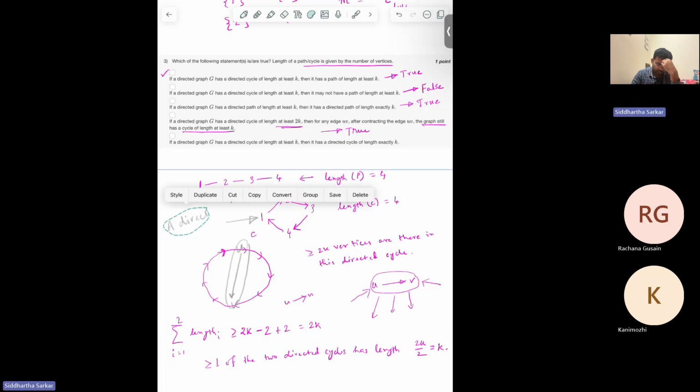Now, if that is the case, their claim is that it has a directed cycle of length exactly 3 also. But in this figure, we can see there is no directed cycle of length 3. There's only one directed cycle of length 4. So therefore, this statement is not true because of this counterexample.